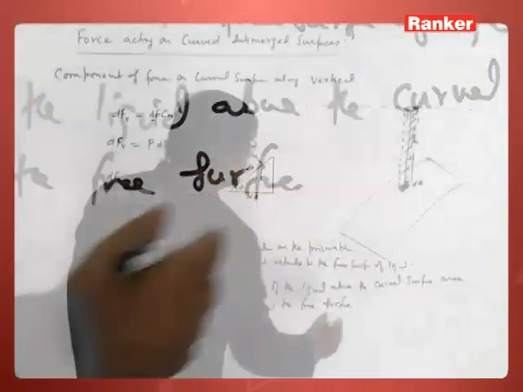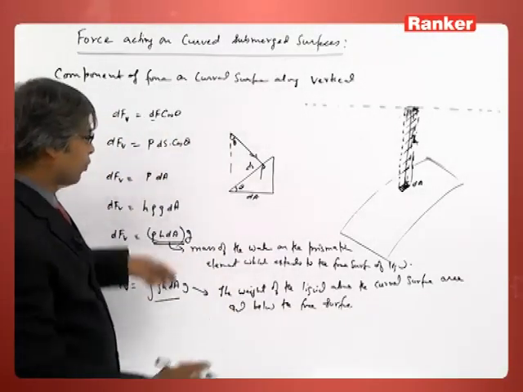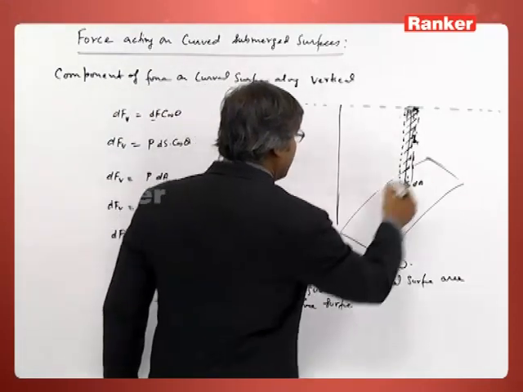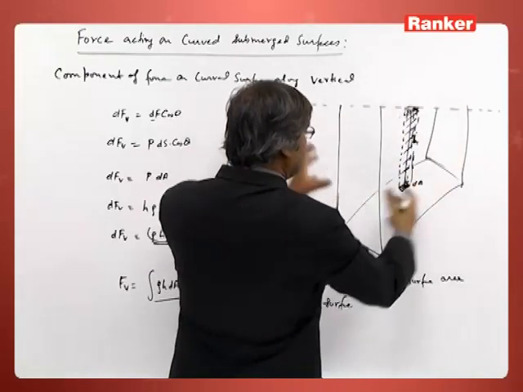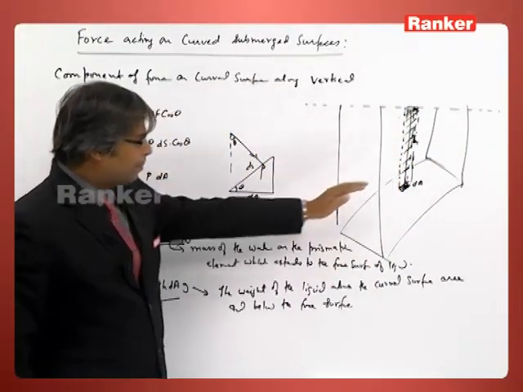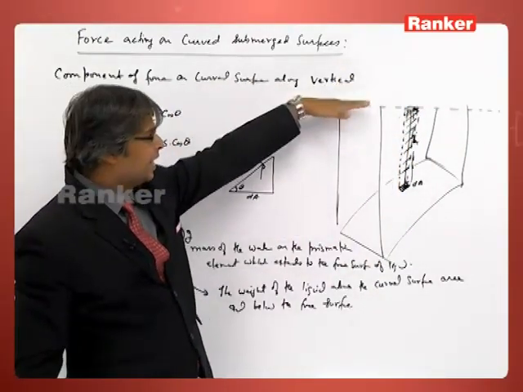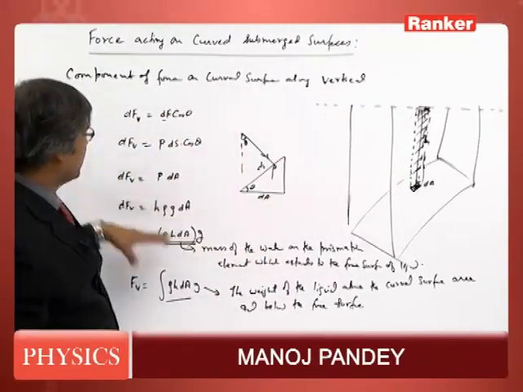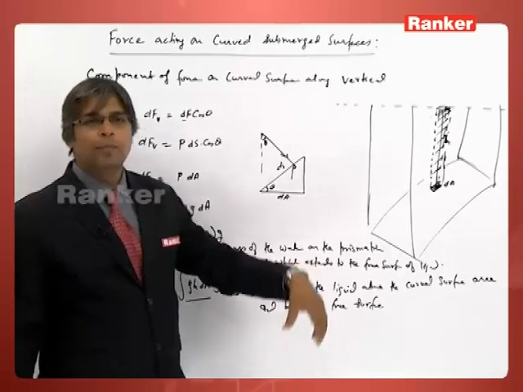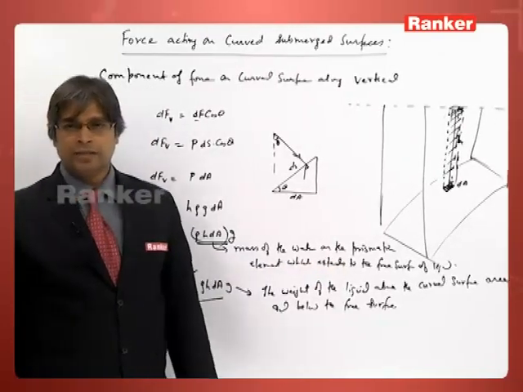So thus the total force will be the total weight of this liquid within this volume. So above this surface area and below the free surface, whatever liquid weight is there, that force is the vertical component of the force on the curved surface.